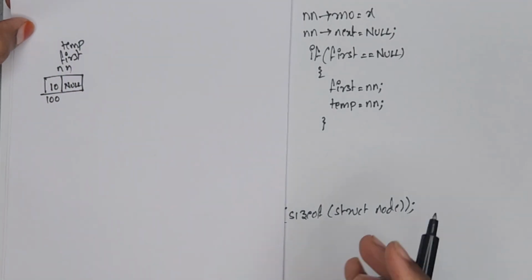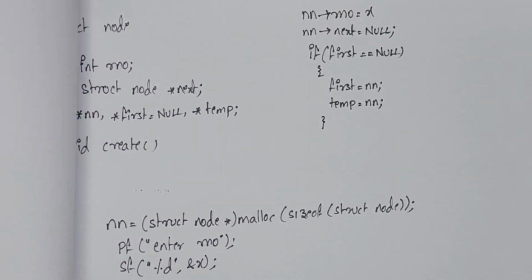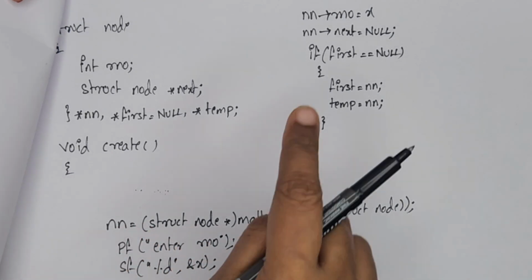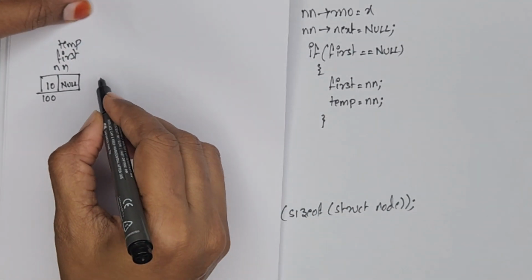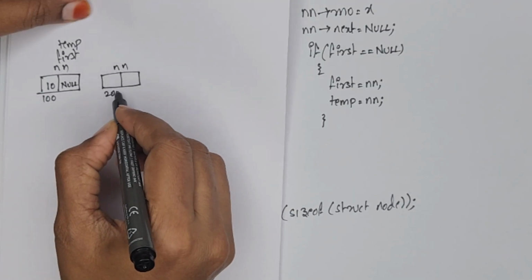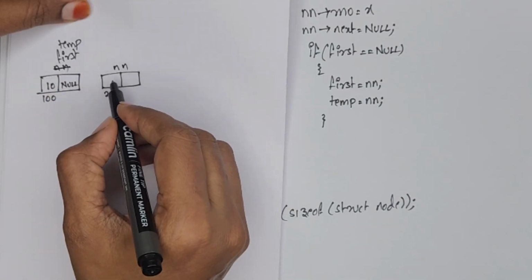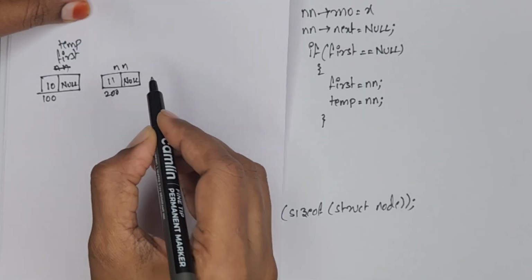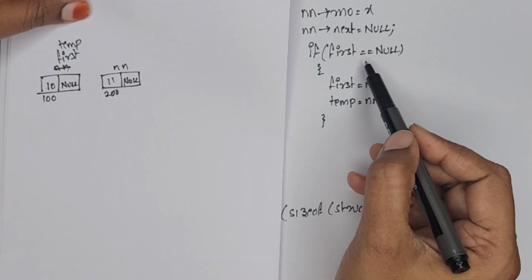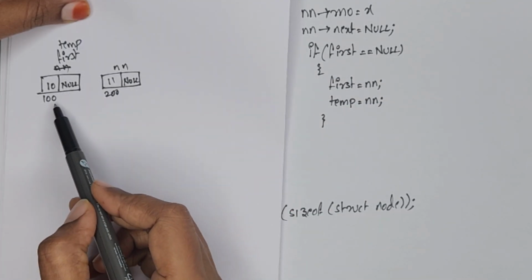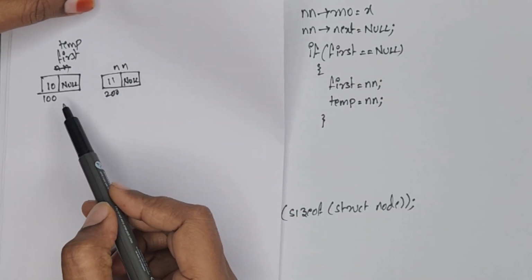Fine. Next time, if you want to create another node, you have to go back and create a new node, read number, and new node of next is null. So again I am going to create one new node, and the new node is 200, not 100. Read one number that will be assigned to new node of roll number. New node of next is null. After creating, once again we check the condition: if first equals null, no. What is first? 100. So it is not null.